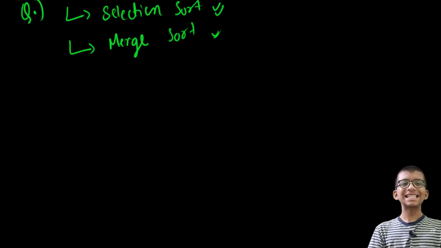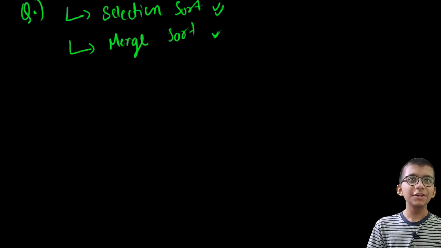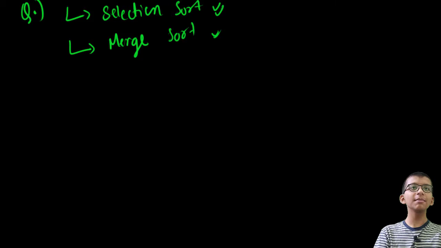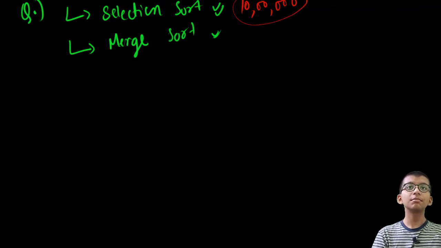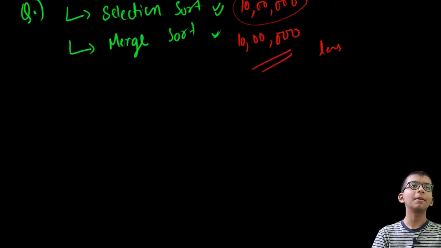If you take an input of 10 million, the selection sort will not even get to 1 million in reasonable time, but the merge sort will handle it in very few seconds, while the other will consume much more time.